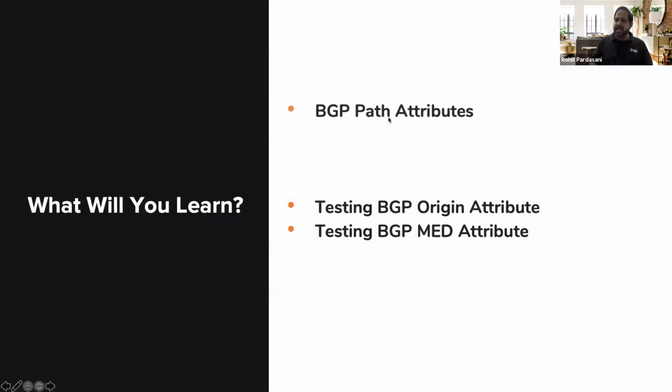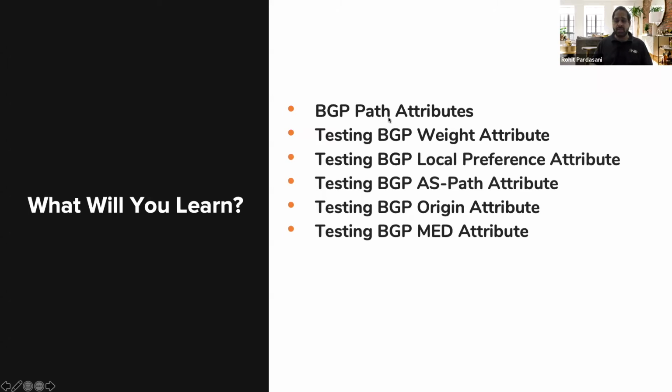Now, what exactly are we going to be looking at in this webinar? What basically you are going to be learning? Well, we will first look at the BGP path attributes, look at the entire list, how BGP does the path selection, how does the attribute get selected. And then we would test out the main attributes. So we would actually do some configuration and test it out on Cisco IOS XE routers and at the same time IOS XR.